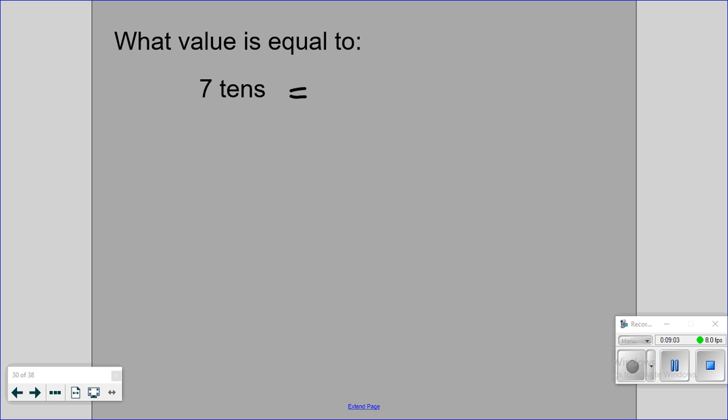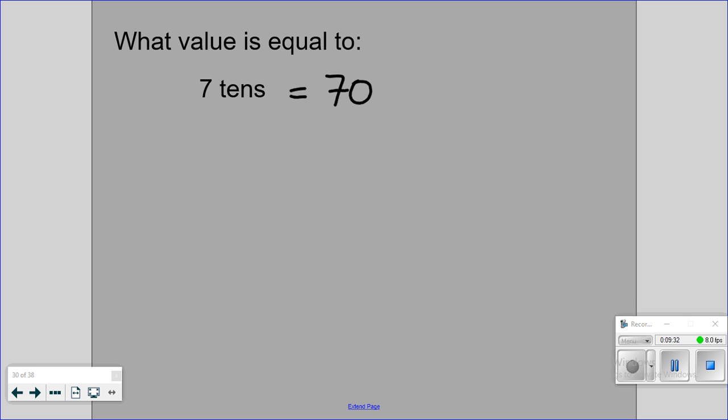Shauna? I don't know what you're saying. 70. If I have 7 10s rods, that value, Bladen, turn around, is equal to 70. Why is that not equal to 7? I'm counting by 10s.